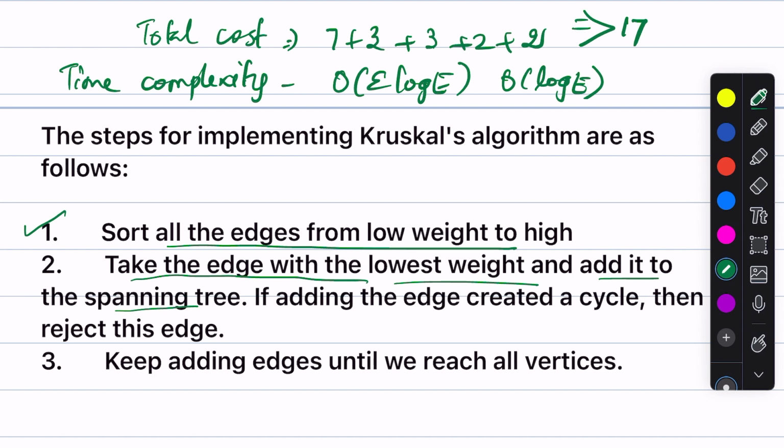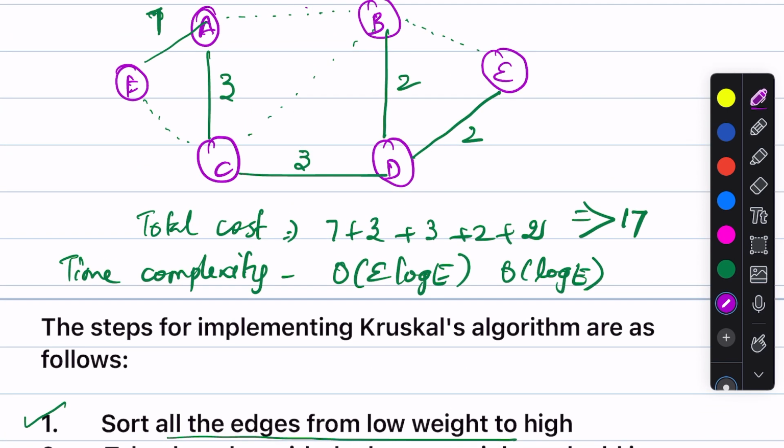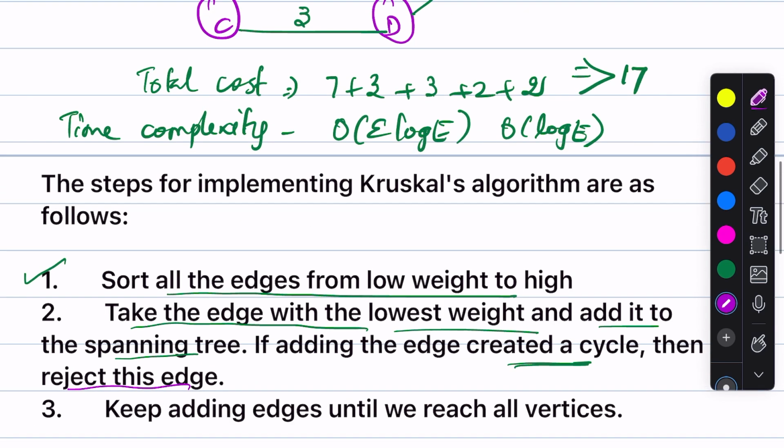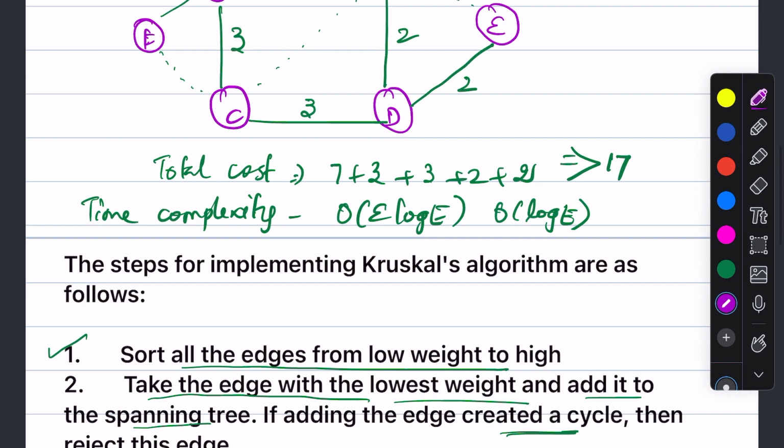When we add, we have to check whether it creates a cycle. If it creates a cycle, then we have to reject the edge. As we did with AB, if we include this edge, it will form a cycle, so we rejected it. And then we keep on adding the edges until we reach all the vertices of the graph. So this is how Kruskal's algorithm works.